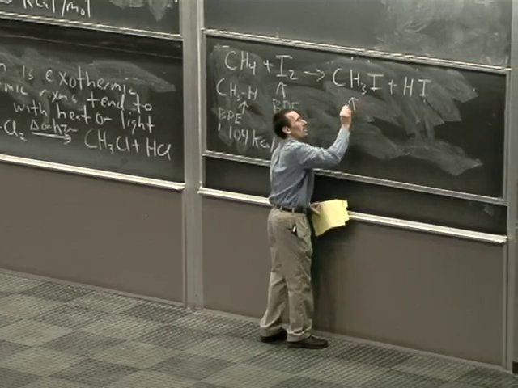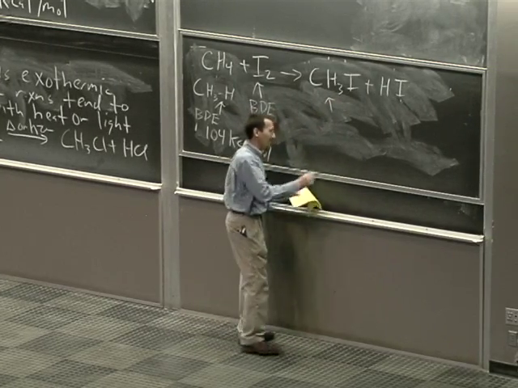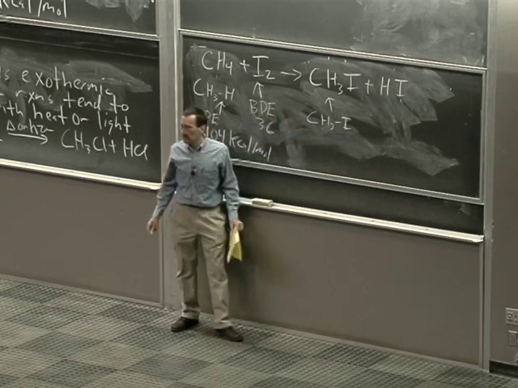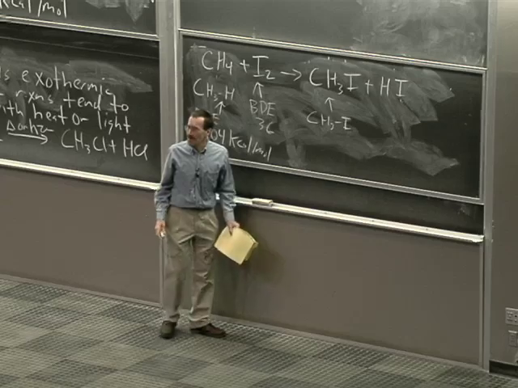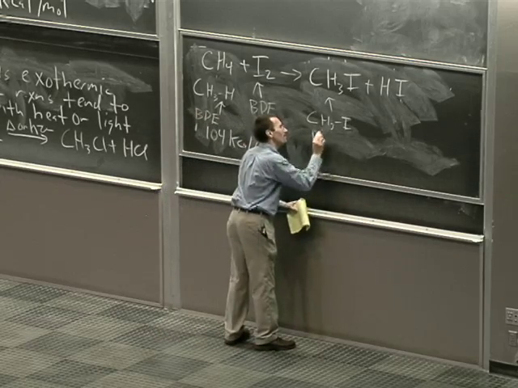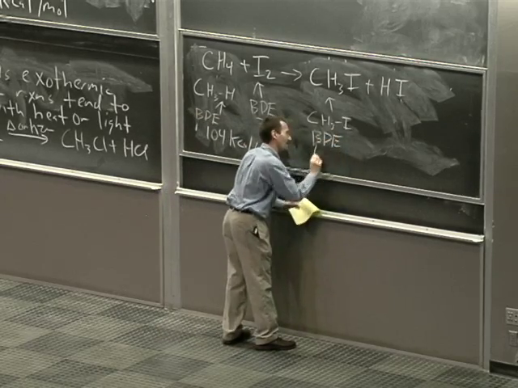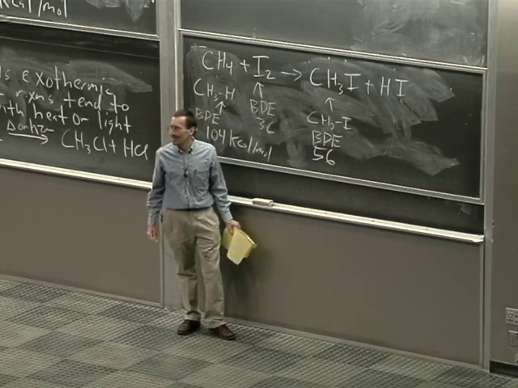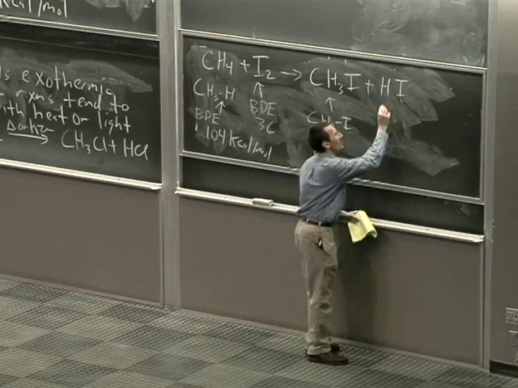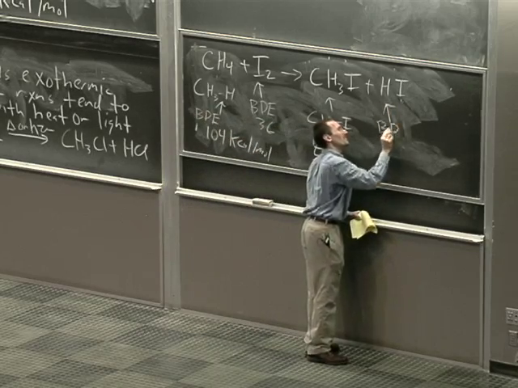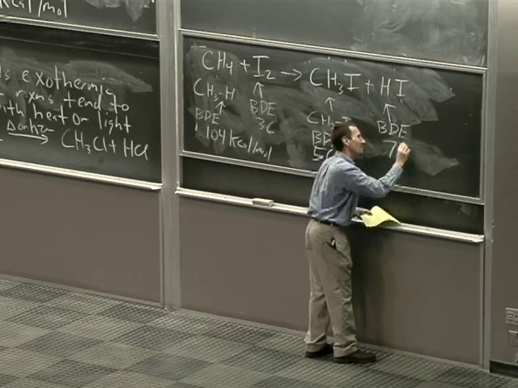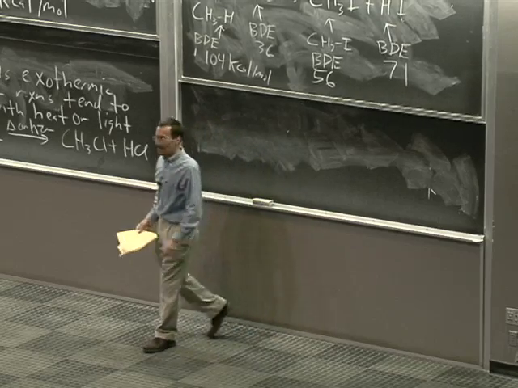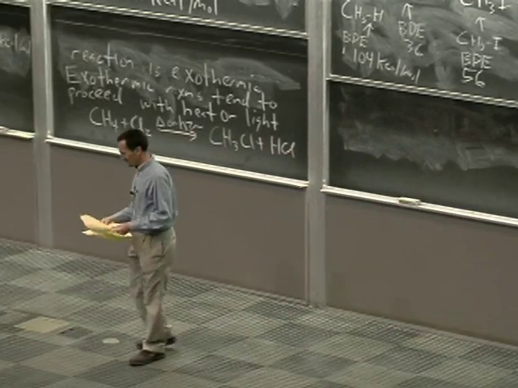But now we look at what we get back when we sell our textbooks. And the methyl iodine bond is worth a lot less than the methyl chlorine bond. The bond dissociation enthalpy is only 56 kilocalories per mole. And the hydrogen iodine bond dissociation enthalpy, again from table 6.2 on page 207, is only 71 kilocalories per mole.